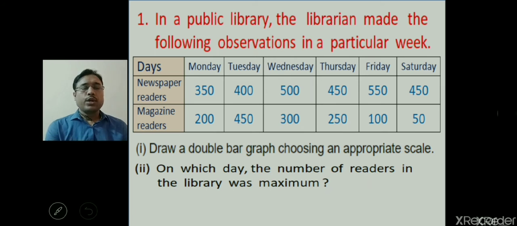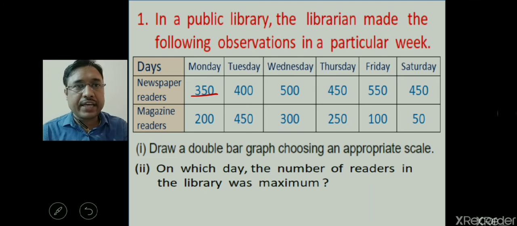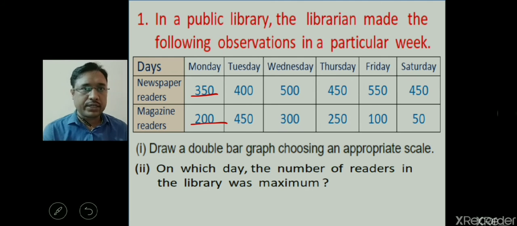Now this question we have to understand: in a public library, the librarian made the following observations in a particular week. He observed that from Monday, Tuesday, Wednesday till Saturday, there is a different number of readers for newspaper and magazine. For Monday, you can see the newspaper readers are 350 and the magazine readers are 200.